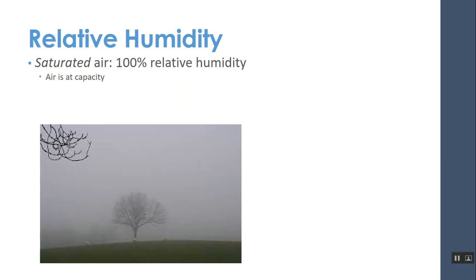That's when condensation occurs, and you will get clouds and/or fog. Precipitation may occur; it doesn't necessarily mean it's going to occur. It will often occur, but sometimes you can just get heavy, thick fog, and that air is at 100% relative humidity, and there are now condensed water molecules in the air.